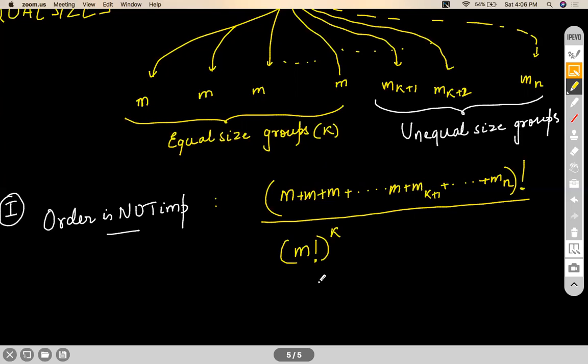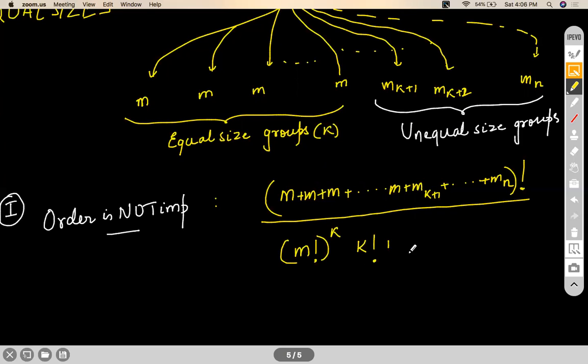Basically, you are writing m factorial k times, divided by k factorial, because k of those groups have the same number of objects. So you have to divide by k factorial here.